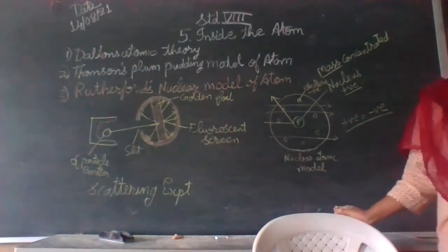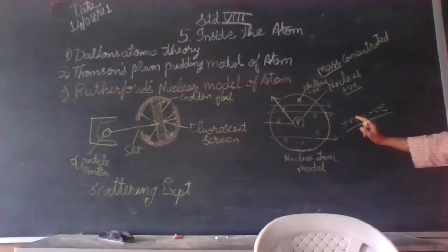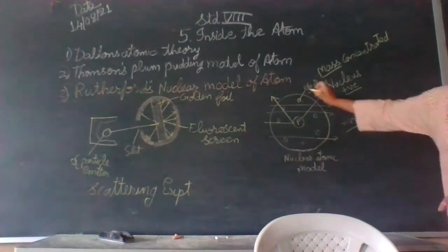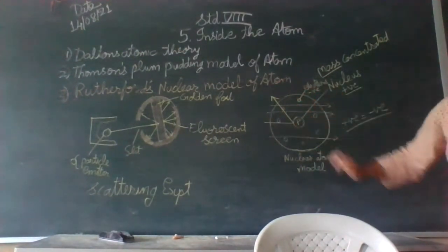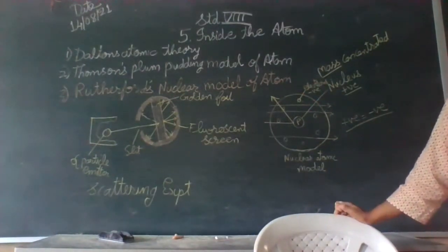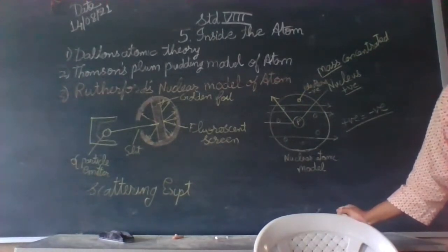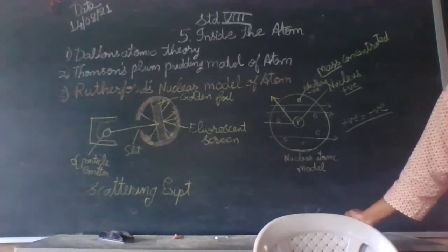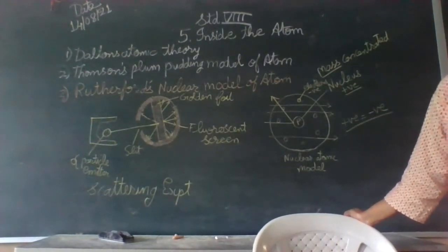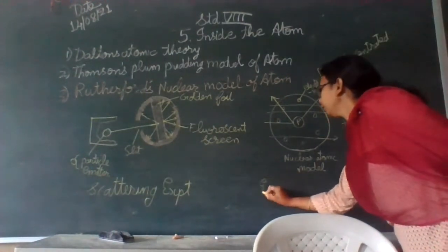So positive charge in the atom is always equal to negative charge in the atom. Positive charge is concentrated at the nucleus, and outside, negatively charged electrons are moving, and the total of this negative charge equals the positive charge of the nucleus. As the opposite charges are balanced, the atom will be electrically neutral.